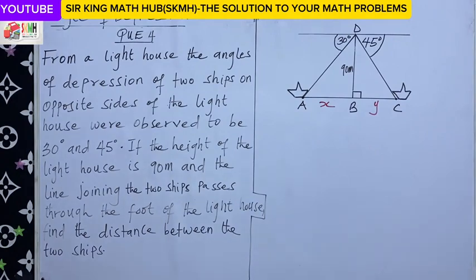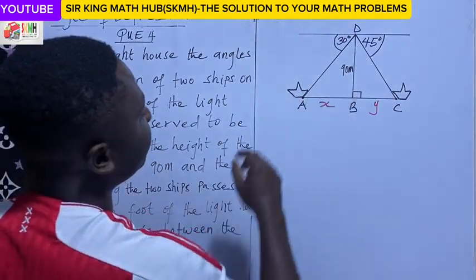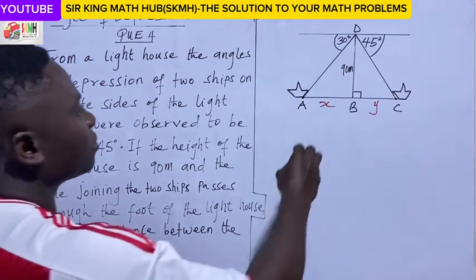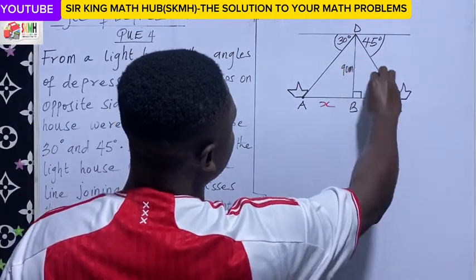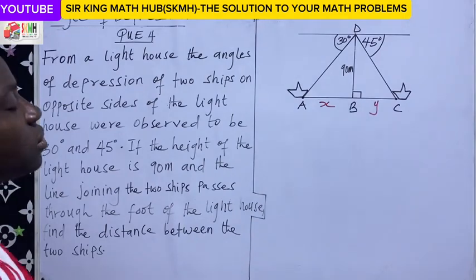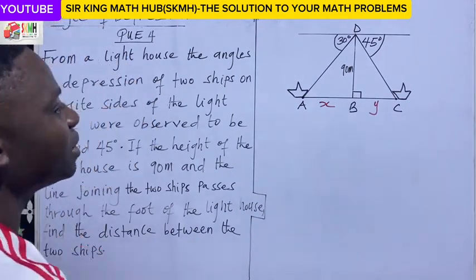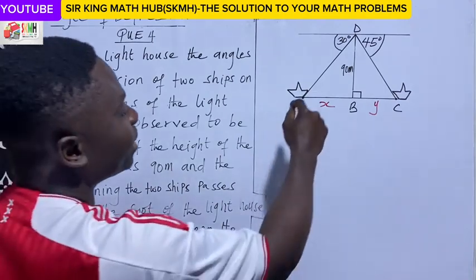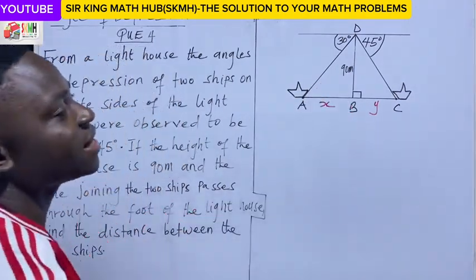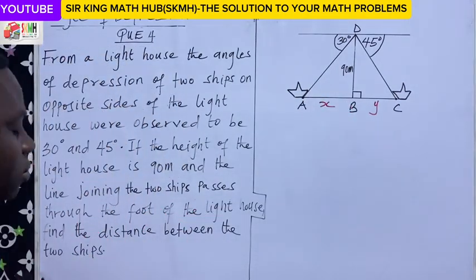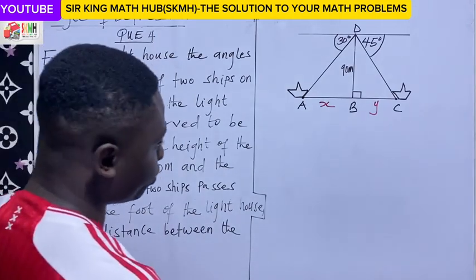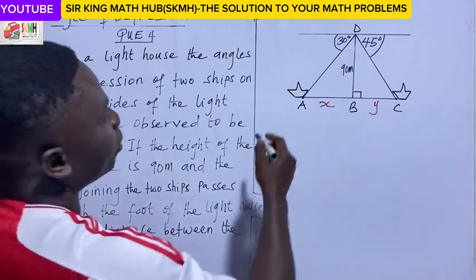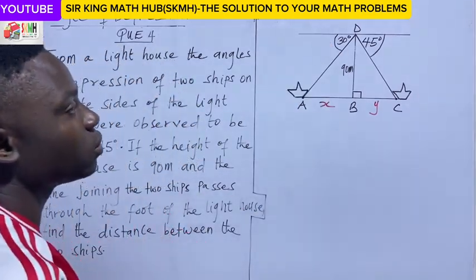Now again, when you observe very closely, you could see that we have two right angle triangles, the one on the left and then the one on the right. So before we calculate the distance we need to get an acute angle inside the right angle triangle. So when we recall from angle properties of parallel lines, we know that alternating angles are equal.